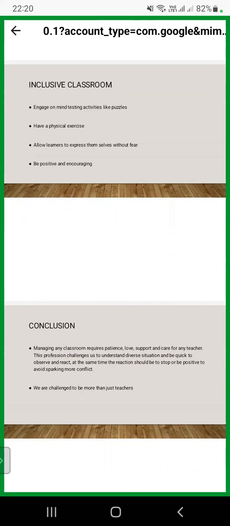And therefore we have to create an inclusive classroom, as Ubuntu, umuntu ngabantu, a person is a person through other people. We have to teach students, learners and everyone in the environment that everyone is equal. So when we're doing activities in class, we have to do something that, at the back of our minds, we know will be beneficial in this way and that way.